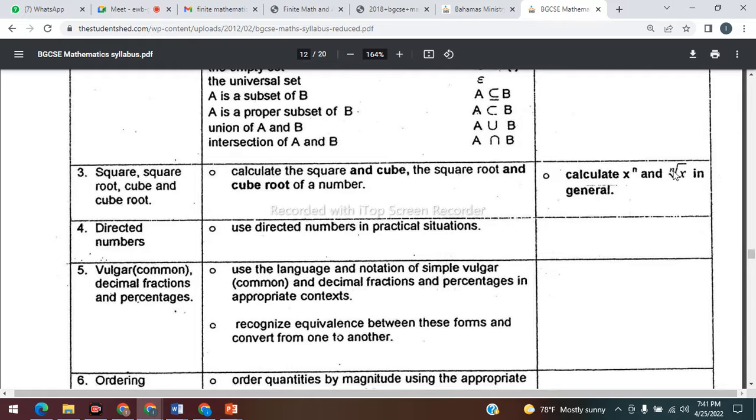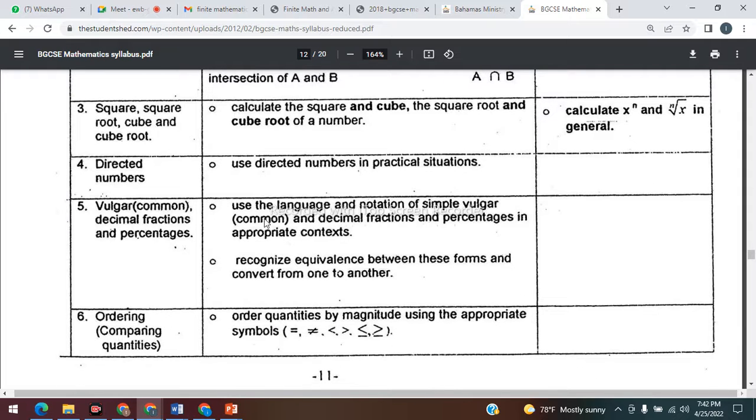If you have the cube root, the fourth root, the fifth root, and stuff like that. Yes, I'm familiar with it. Directed numbers, we should know that from BGCSE times. That's like -4 plus 5, or -4 minus 5. How would you do that?